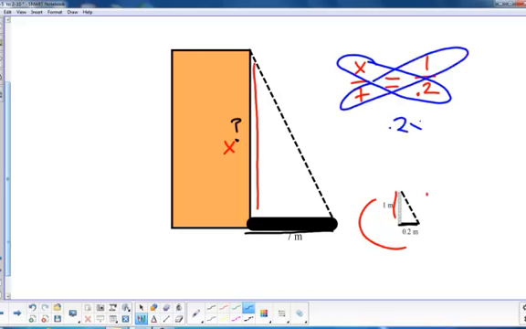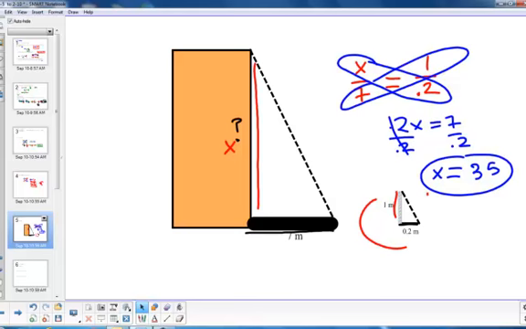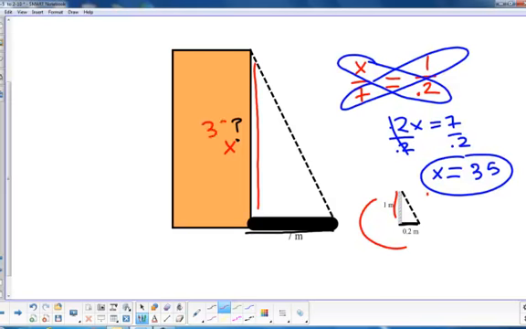So 0.2x equals 7, and then 7 divided by 0.2 would be 35. So this height right here is 35 meters.